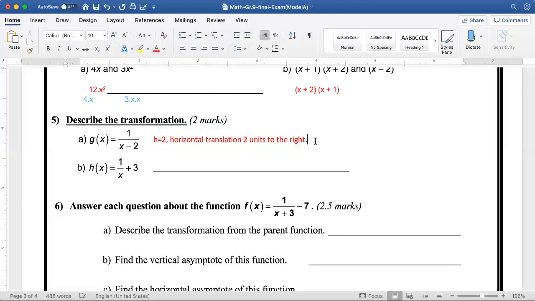Okay, I have here 1 over x plus 3. When 3 is added to the whole function, it is a vertical translation. So what is the value of k here? According to the rule, I have a over x minus h plus k. So k takes the value of what is written in the problem, the same sign, because in the original rule it has positive.